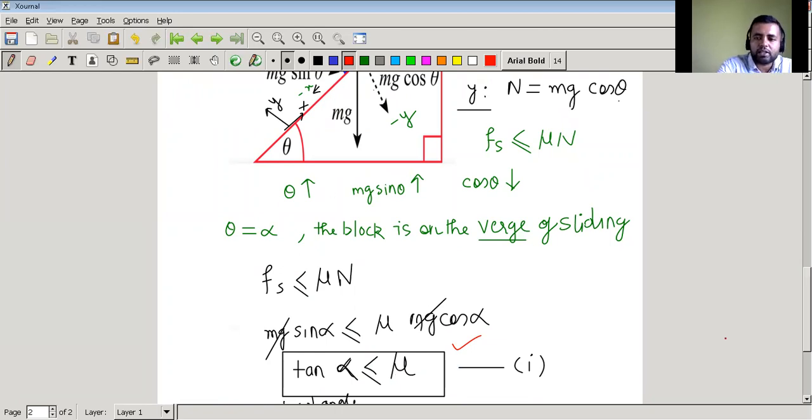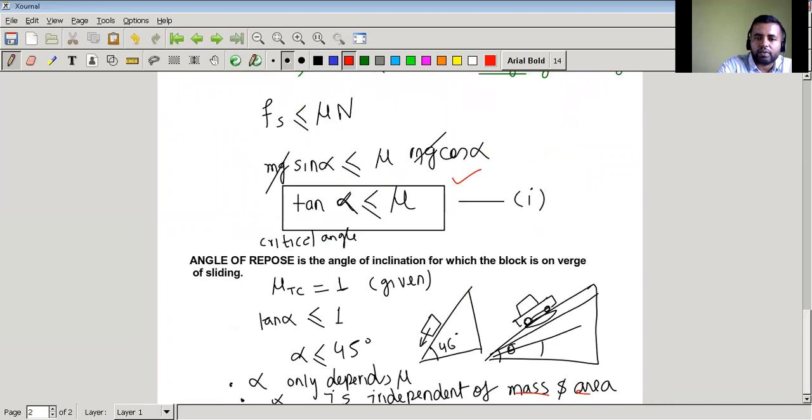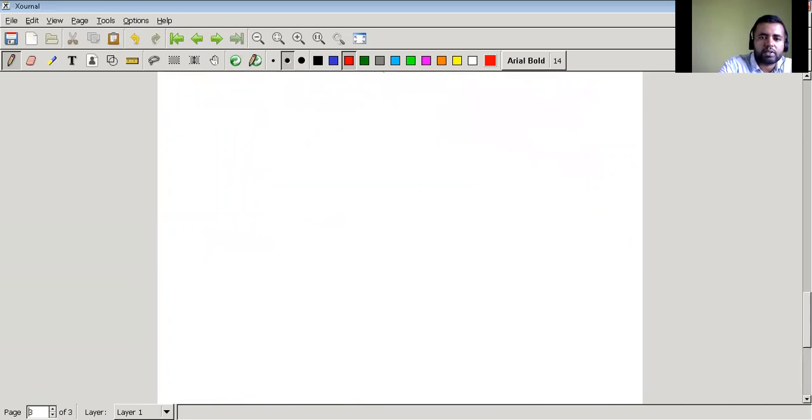So if the angle is less than mu, then what happens? So we can end our discussion with this, that if angle theta is less than alpha, then the body will be in equilibrium, right?